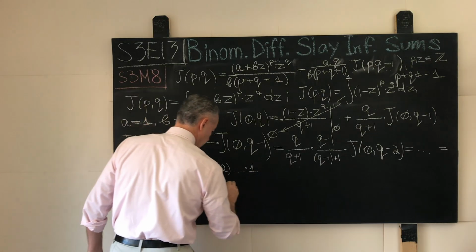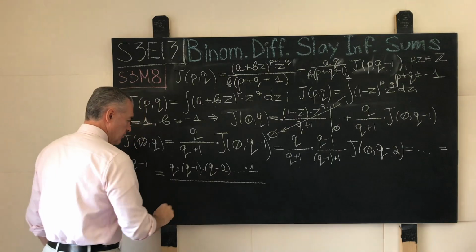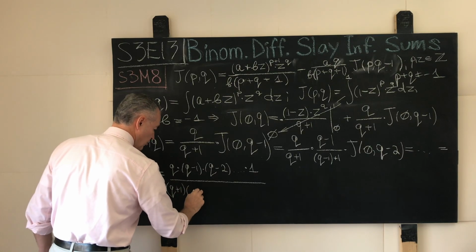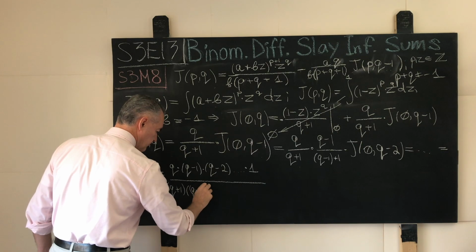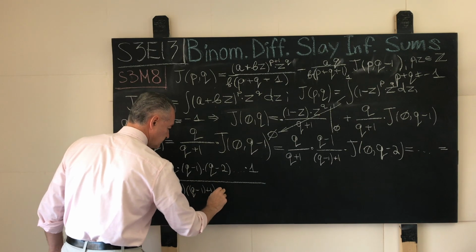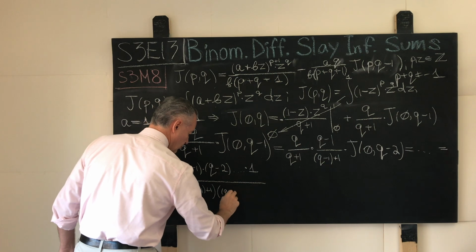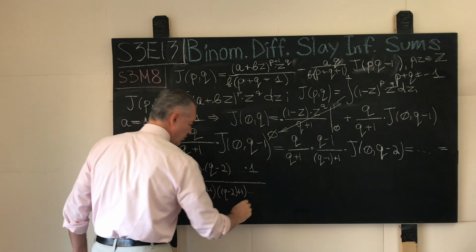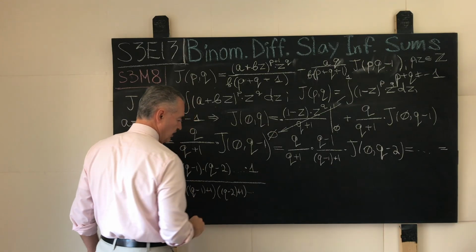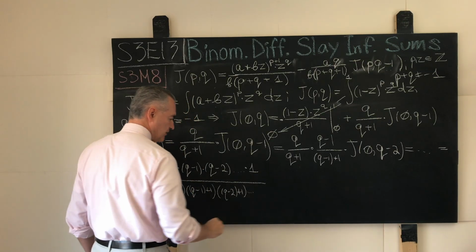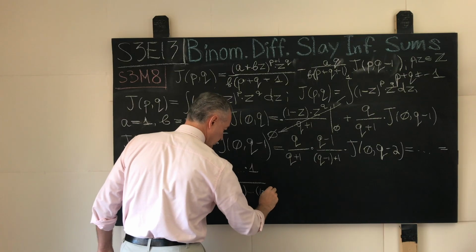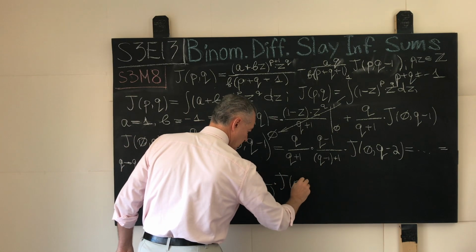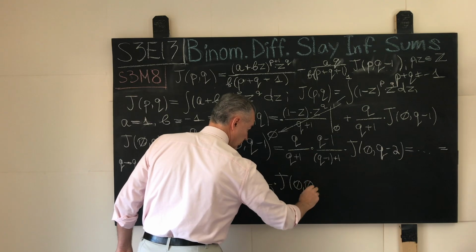And here in the denominator we will have what? q plus 1 times q minus 1 plus 1, times q minus 2 plus 1, and so on, until we have some number that looks like 1 plus 1 times j of 0, 0.